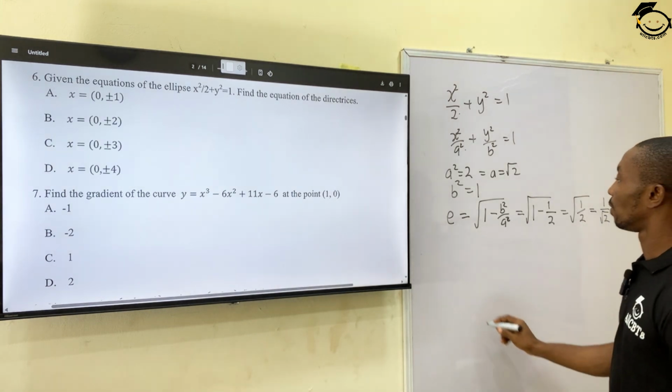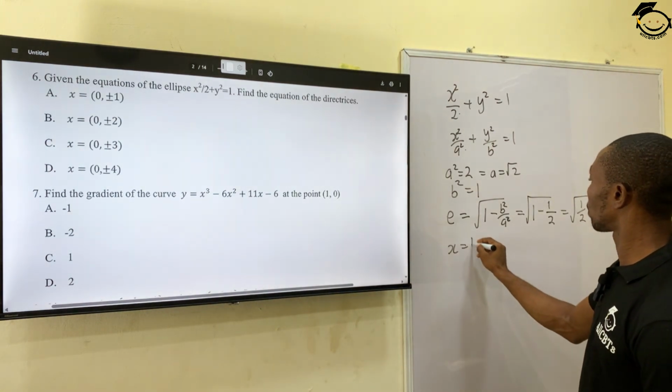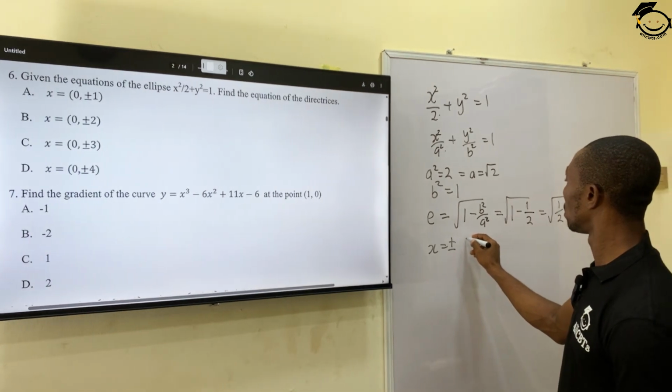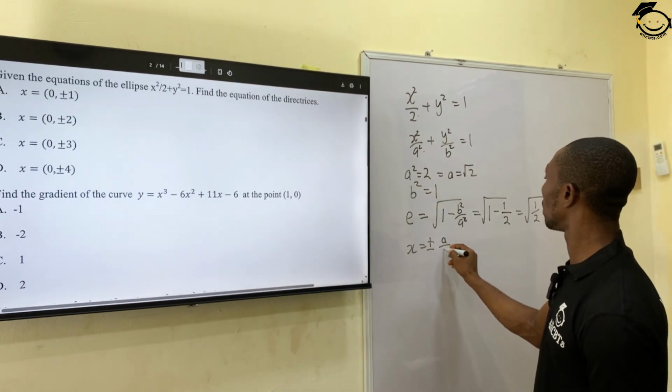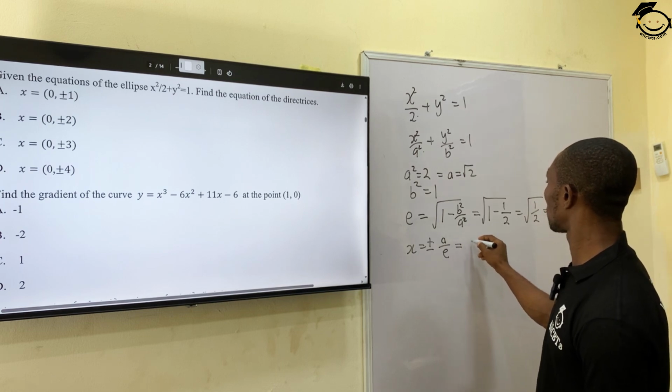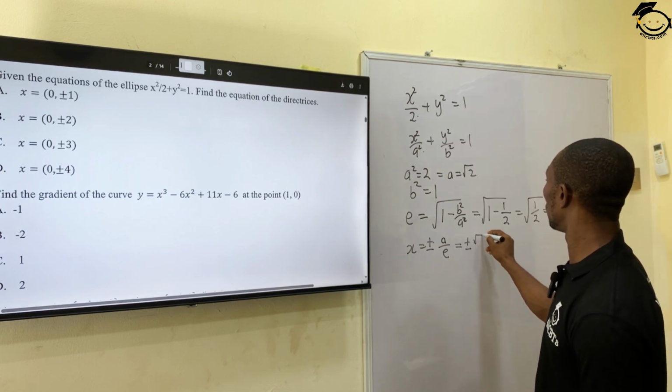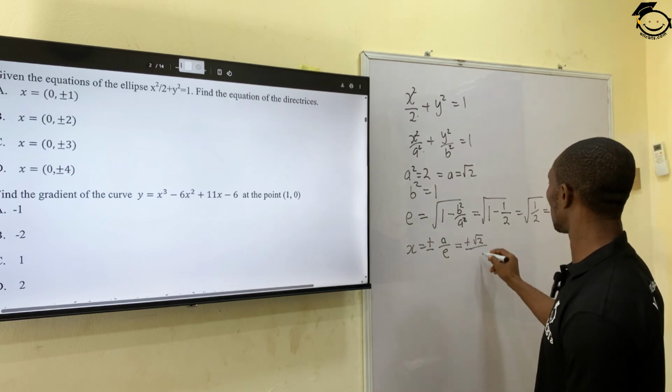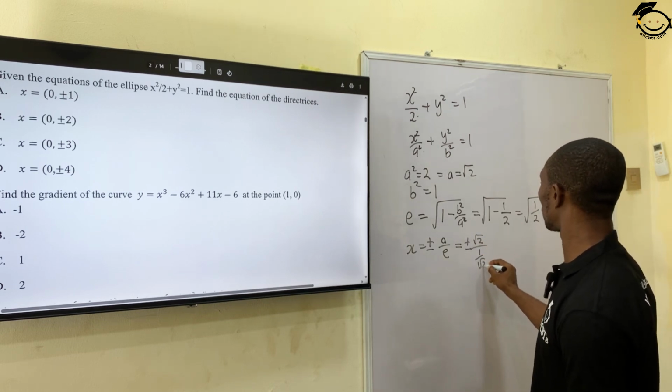All right, now our x equals plus or minus a over e. Okay, now our a is root 2 and our e is 1 over root 2.